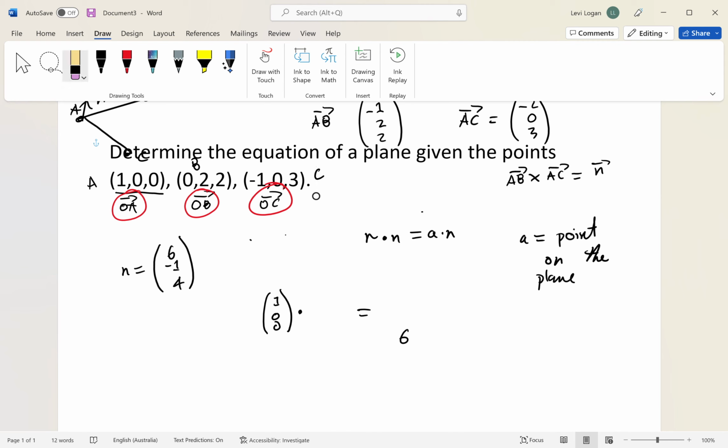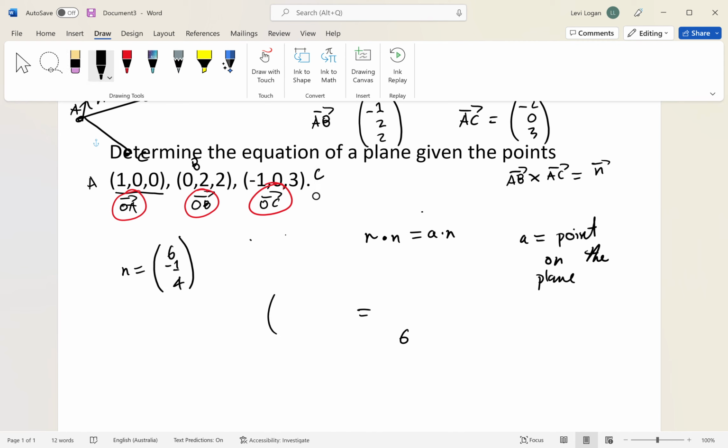So we'll take the point B, 0, 2, 2, dotted with our normal vector, 6, negative 1, 4: 6 times 0, plus negative 2, because that's 2 times negative 1, plus 4 times 2, simplifies to 6. And we'll check with our last point as well.